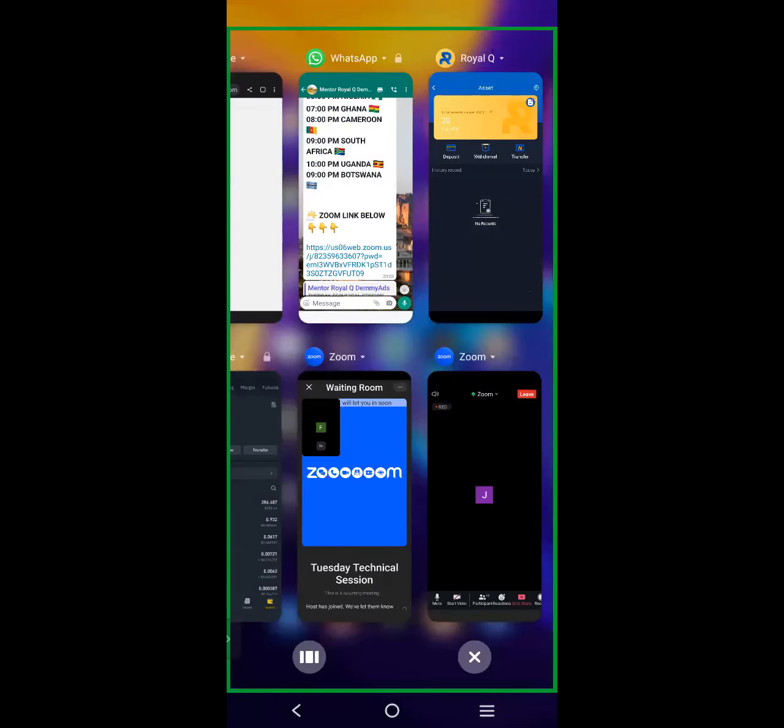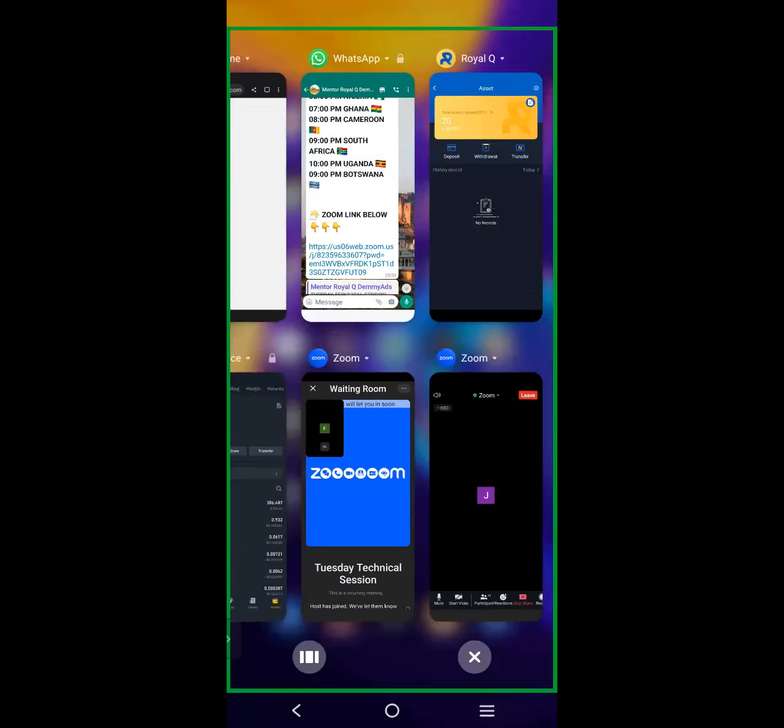Beautiful. Now we can see you are sharing the screen. We're going to go to your RoyalQ straight. Let's go to RoyalQ. I see your RoyalQ on the top right corner there.